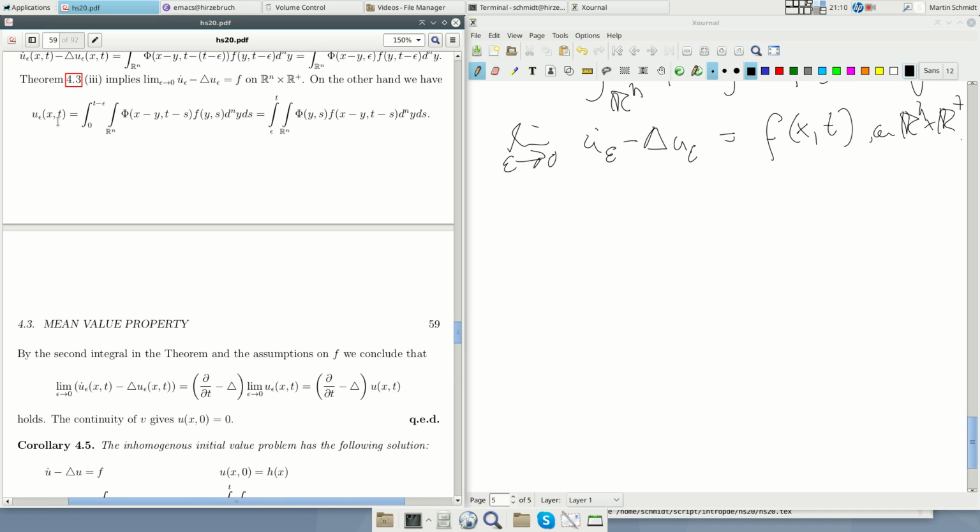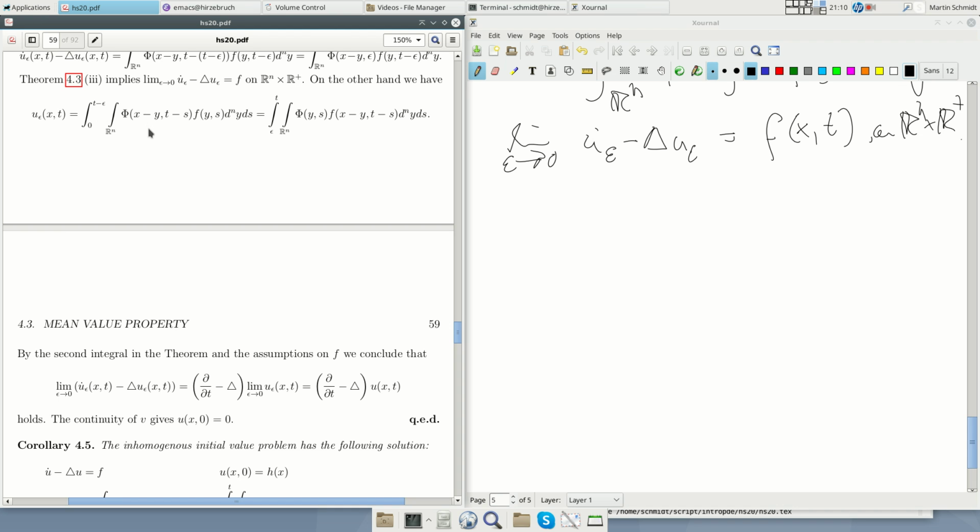On the other hand, we have the second integral here, this convolution integral. We make a coordinate transformation. What is the coordinate transformation?